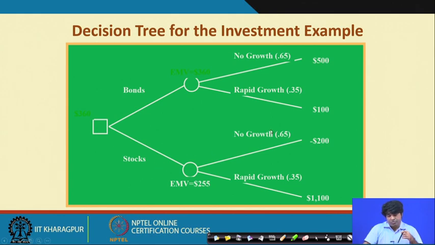Similarly for stocks we have no growth and rapid growth, and accordingly, against bonds with no growth we have outcome 500, again bonds with rapid growth we have outcome 100, then stocks with rapid growth, that is 1100, and stocks with no growth, which has minus 200.